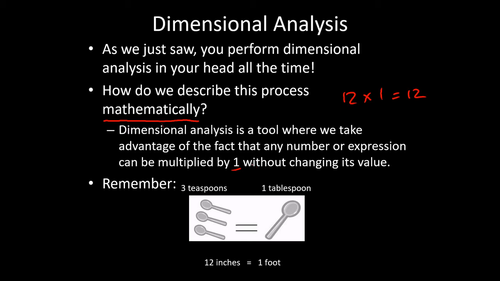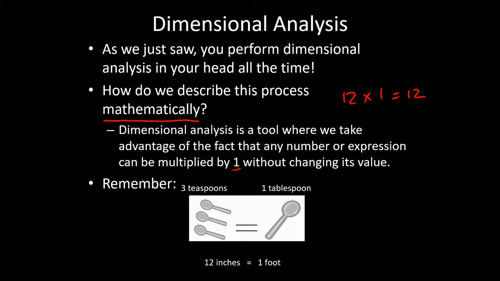So with that as our starting point, remember we said just a minute ago, when we were looking at our example with the cookies, that 3 teaspoons is the same as 1 tablespoon, in the same way that 12 inches is the same as 1 foot. Because they are describing the same physical thing, we can say that one is equal to the other.